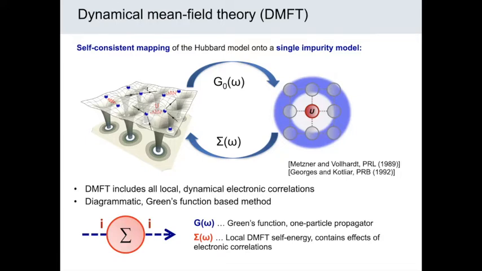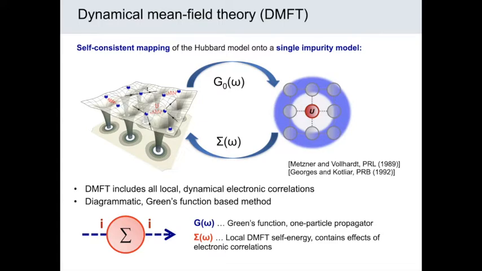In a diagrammatic context, this means that DMFT includes all local irreducible one-particle Feynman diagrams. So it is a diagrammatic, Green's function-based method. What you can see here, the dashed blue arrow represents the Green's function, and the red circle, the sigma, is the self-energy.